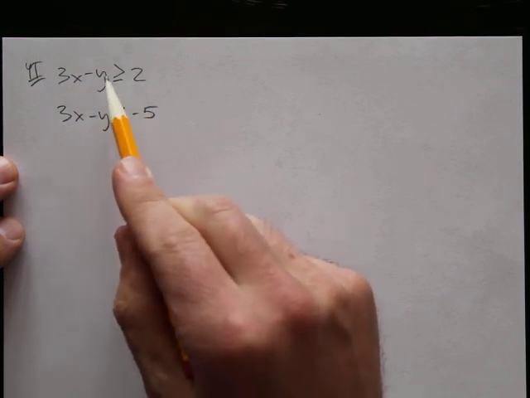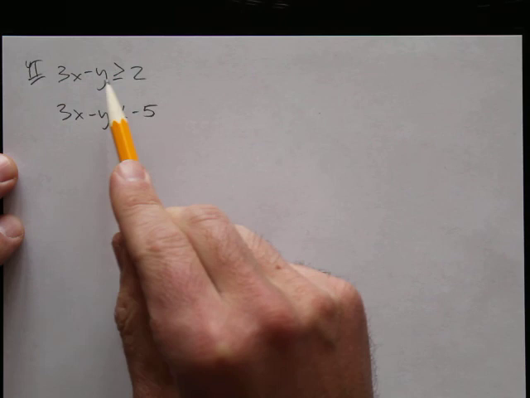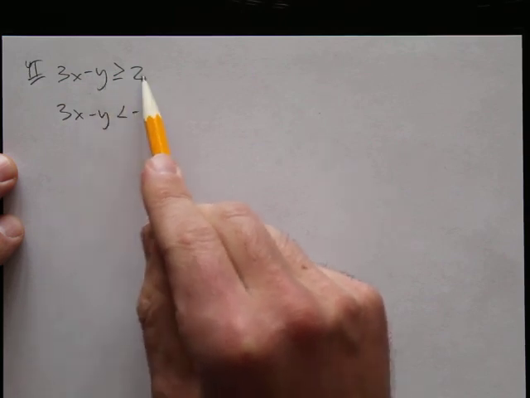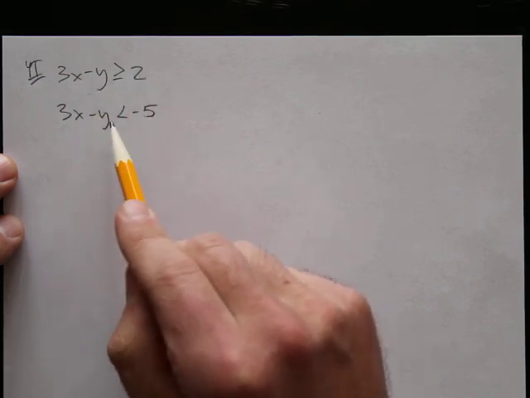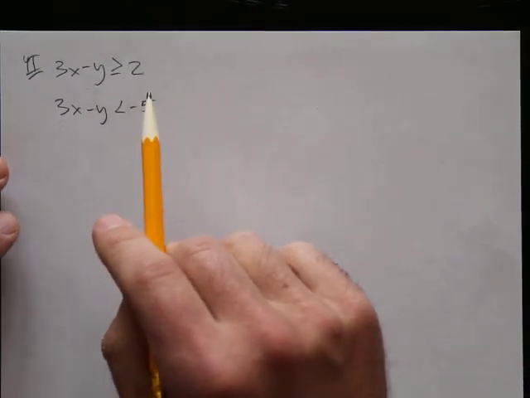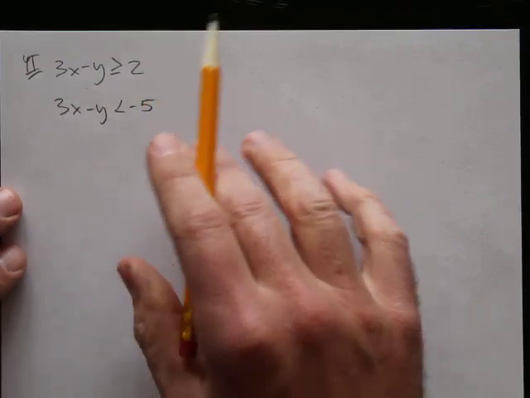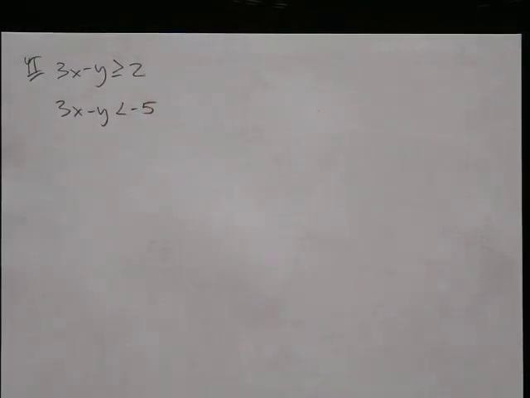Remember, when you multiply or divide with an inequality by a negative number from both sides, you have to flip that sign. Okay, so go ahead and do this U try, and then we'll look at it together. Okay, pause and get to work.